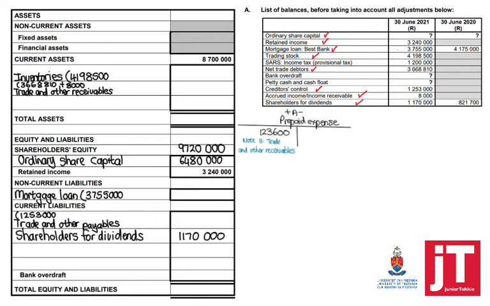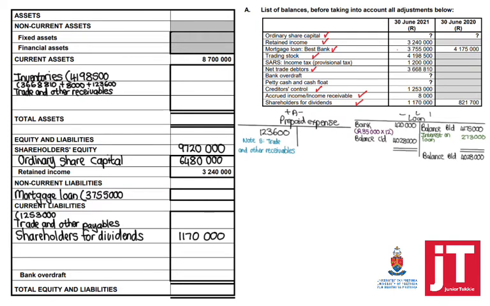Now, a reminder, adjustment number 1, we had the audit fees, which was prepaid. Make sure that you use your same answer from your previous question and you transfer it correctly. Prepaid expense is a current asset, so it should be added to your trade and other receivables.